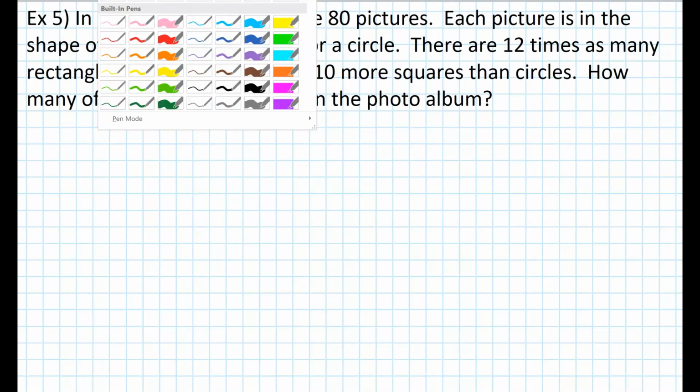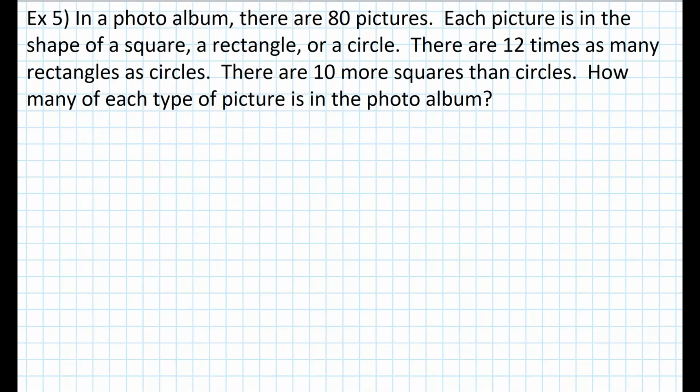We have a photo album with 80 pictures. Each picture is in the shape of a square, rectangle, or circle. There are 12 times as many rectangles as circles, and 10 more squares than circles. How many of each type of picture are in the photo album? So again, we are looking at the types of pictures and how many.